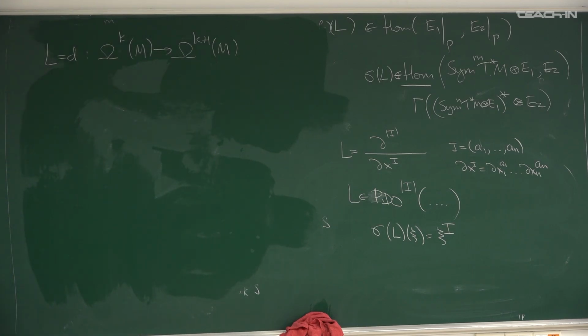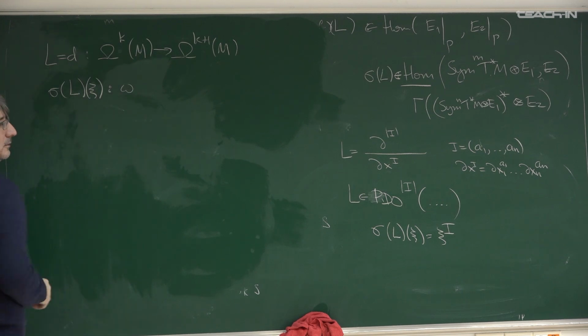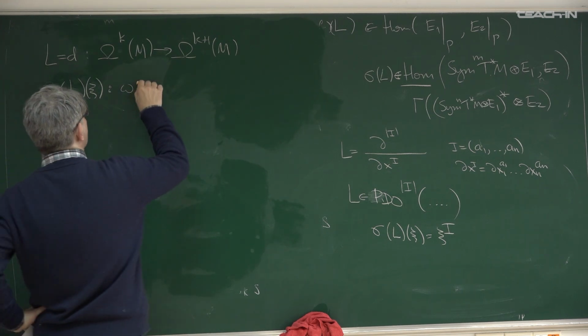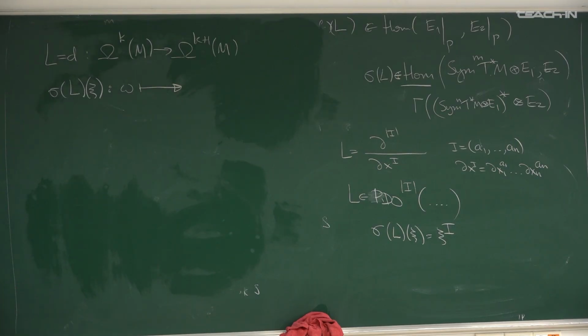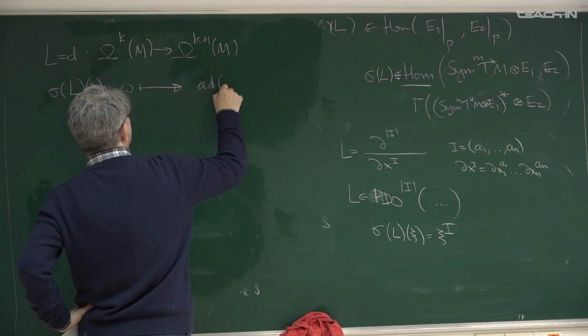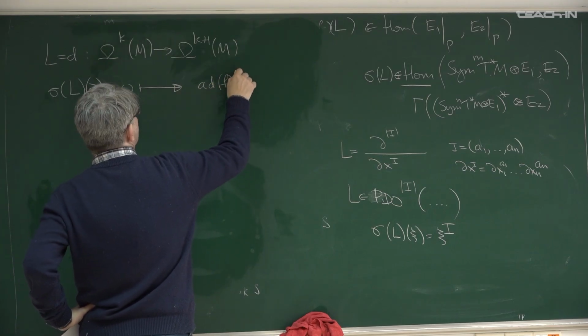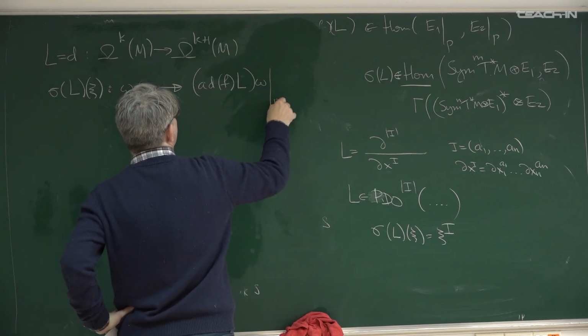And let us calculate the symbol. What should we do for that? The symbol of L applied to psi is sending the form omega to something else. What is it? So we need to calculate the following thing: ad f of L, apply it to the form omega, and then calculate at the point p.